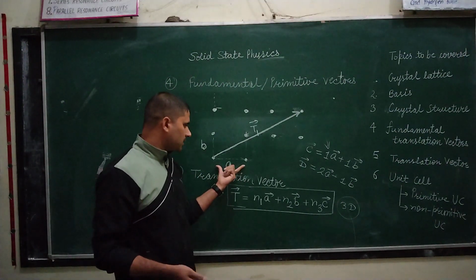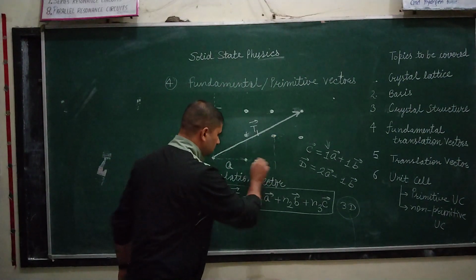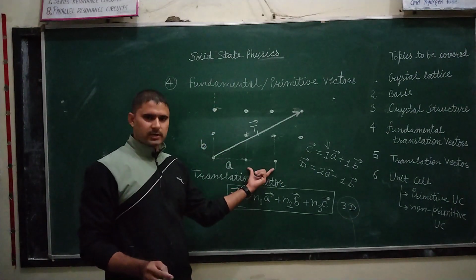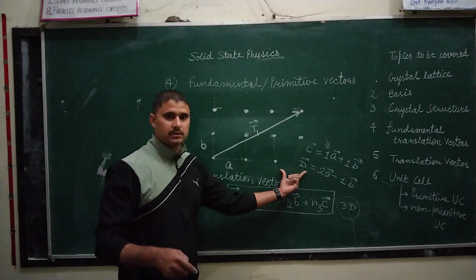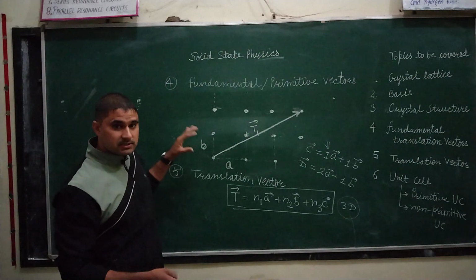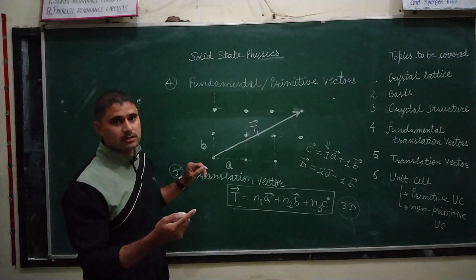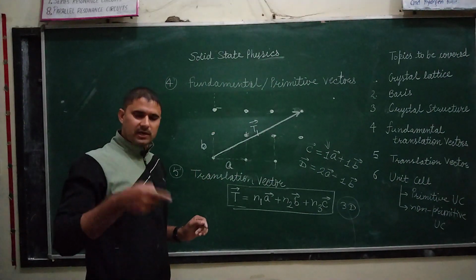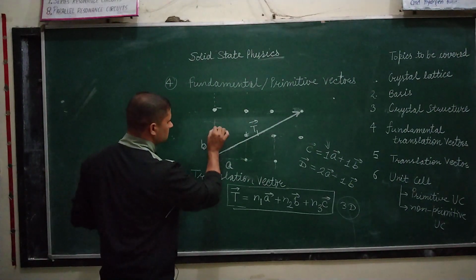If you want to find the position of the second particle along this direction, it will lie here, at a distance of 2a, and the next particle will be at 3a. In the same way, in the other direction the particles are at a distance b, so one particle is at b, another will be at 2b. Because of definite and periodic arrangement, you cannot find a particle at this position.